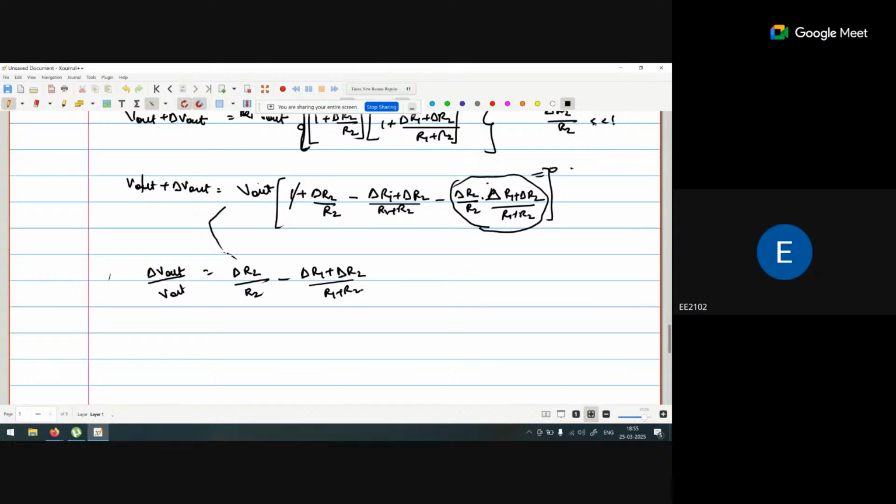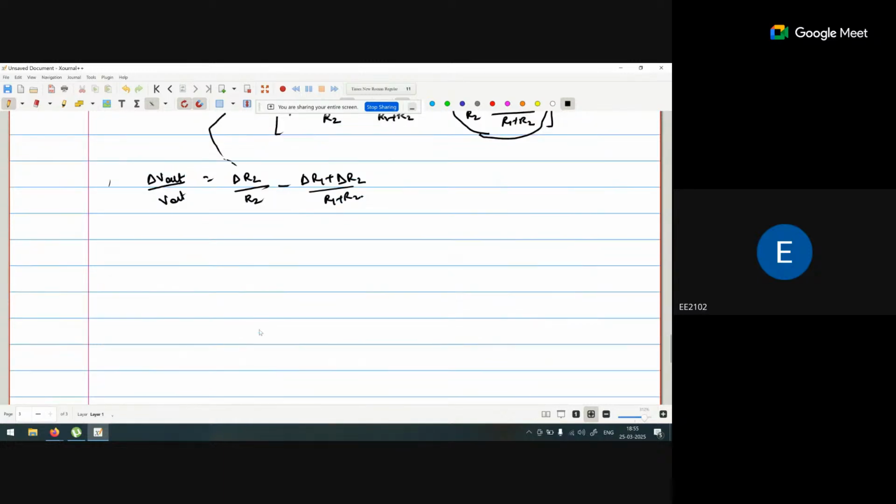Now can I break it into two parts? One is delta R2 upon R2, and the second is delta R2 upon R2 minus delta R1 upon R1. Okay. How can I simplify?